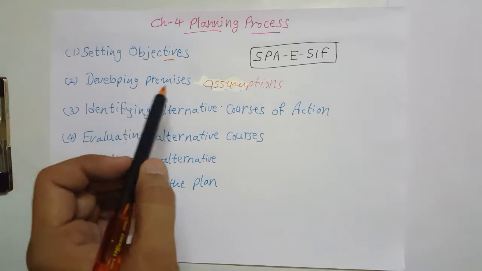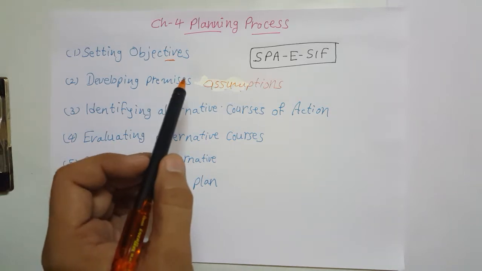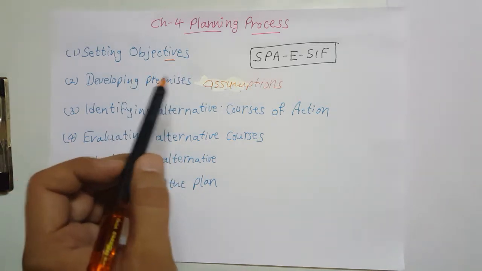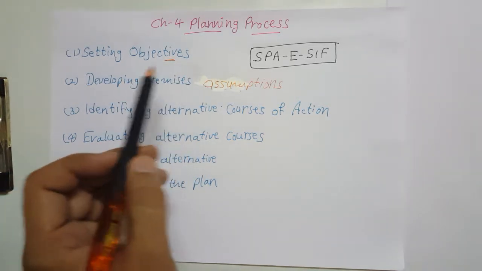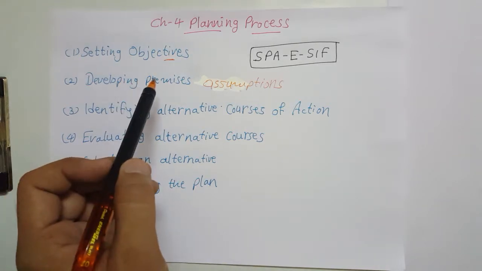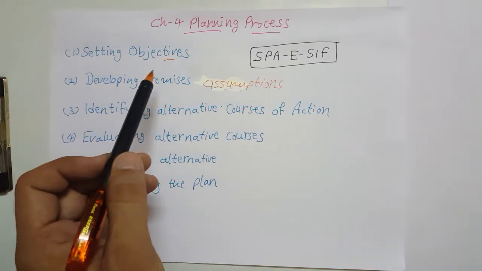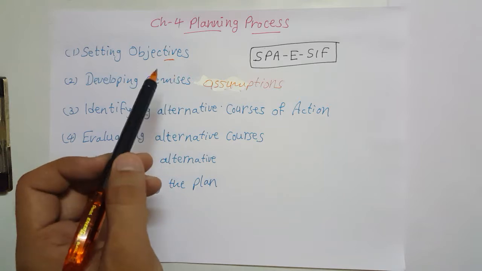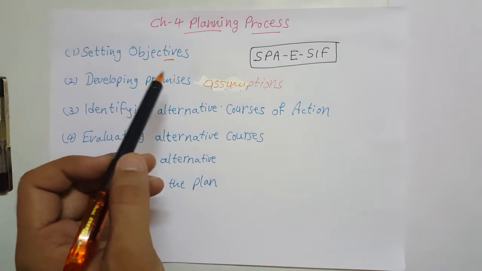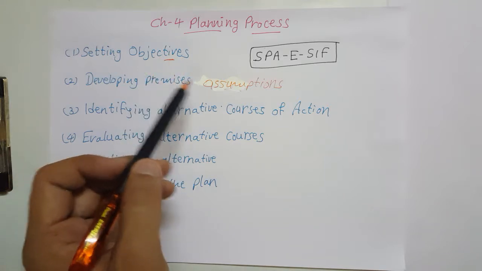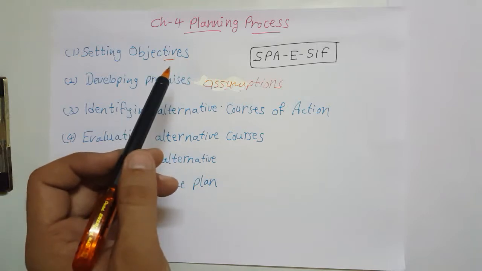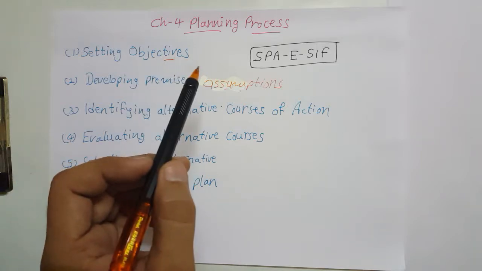When we are talking about premises, they may be internal or external. Examples of internal premises are the sales forecast, policy programs of the organization, capital investment, or the policy or philosophy of management. These things are related with internal premises.